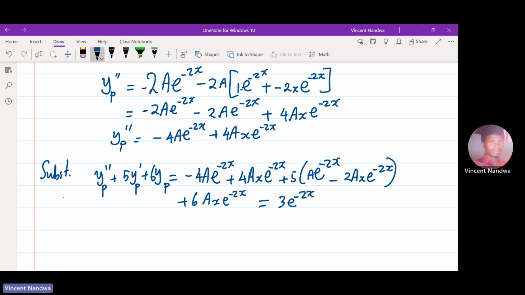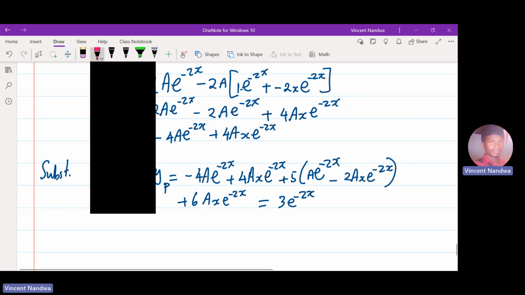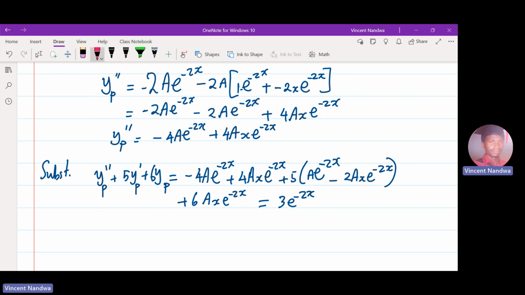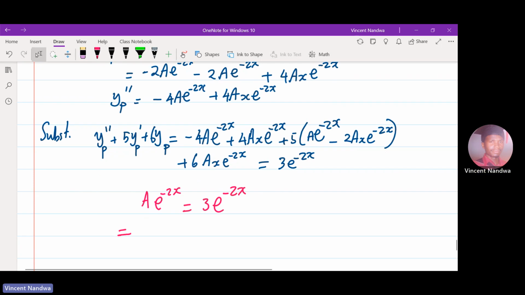The end sum on the left hand side after opening and collecting like terms is a. Correct. Then this now makes sense. So that means the value of a is 3.